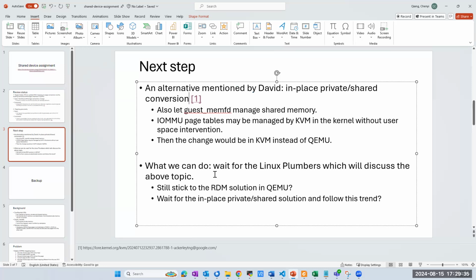So for the next step, do we still need to stick to the RamDiscardManager solution in QEMU, or should we wait for this in-place private/shared solution and follow this trend, or first push this solution and later change if this new feature and new solution get merged? So this is still one problem, I think.